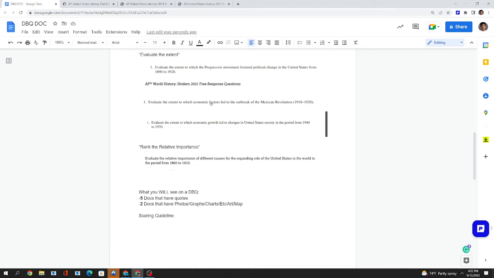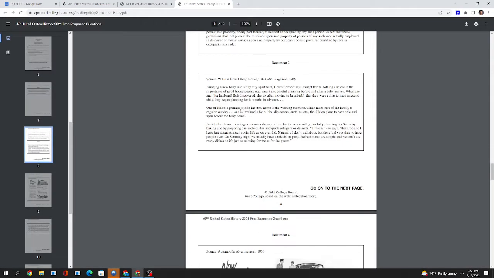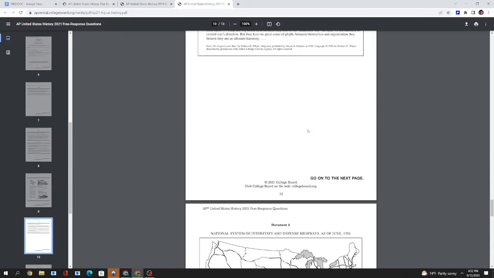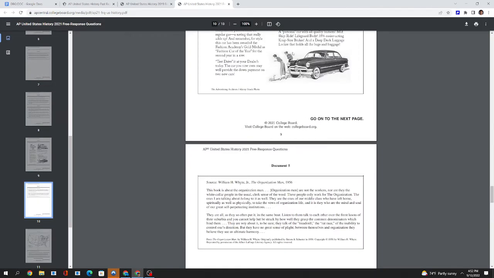On your DBQ, remember, you are only restricted to a certain amount of documents, right? Now, the dilemma that you're going to face on the DBQ is to decide how you use those documents. And the only way you can use those documents appropriately is if your thesis is correct. So you want these documents to be matched up with your thesis.